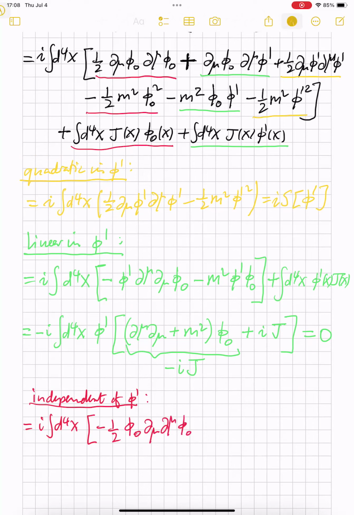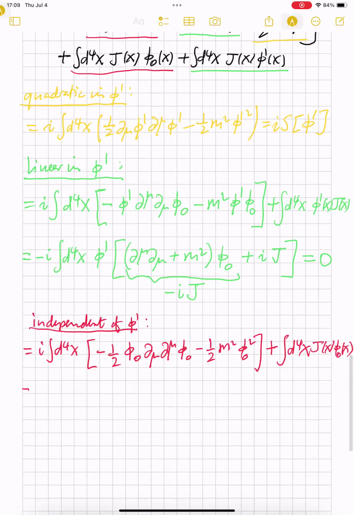So I've got an extra minus sign because I've swapped the derivative from the first phi naught to the second phi naught, and otherwise it's exactly the same. Then I've got minus 1/2 m squared phi naught squared. And then for the second term, we've got plus an integral d4x j of x phi naught of x. So that's all of the terms. Good. So let's just rewrite this slightly.